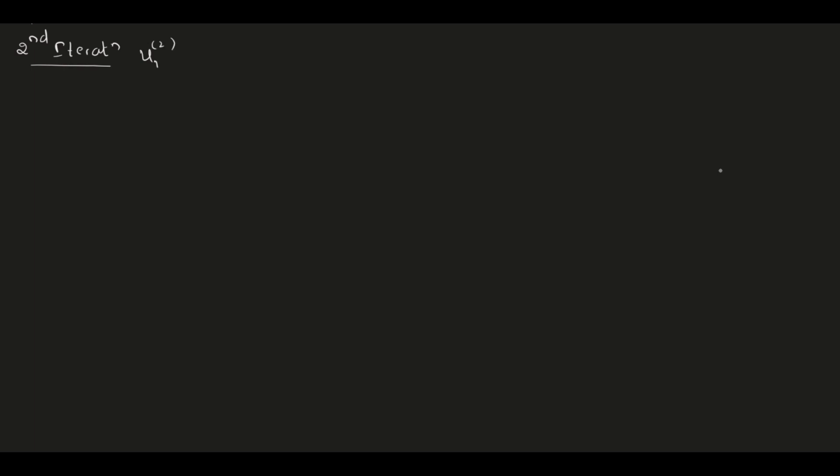u1 of 2 will be 1 by 4, 2 plus u2 of 1, the previous value, plus u3 of 1. 1 by 4, 2 plus u2 of 1, what did we get? 1.4218 plus u3 of 1.